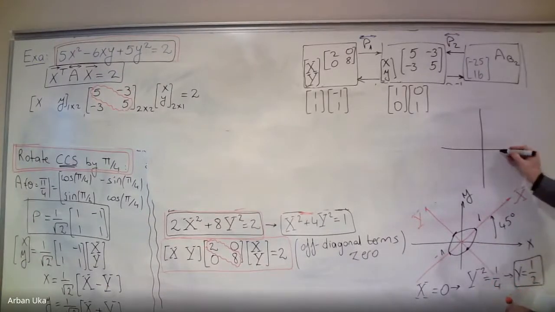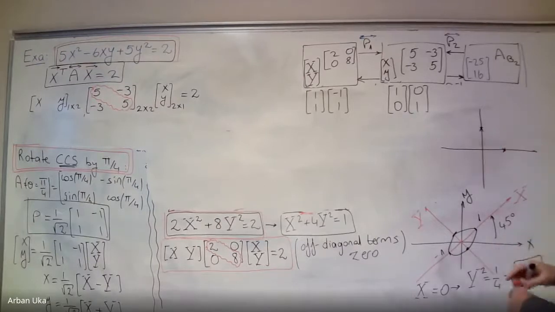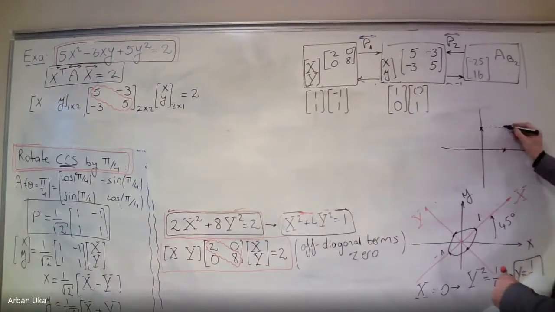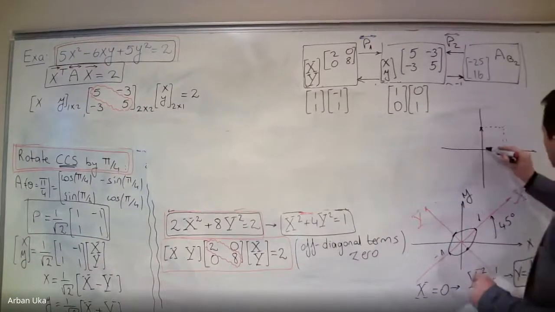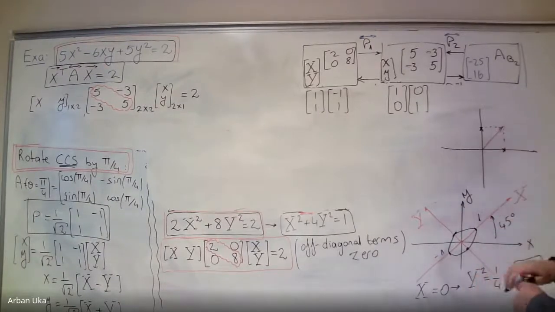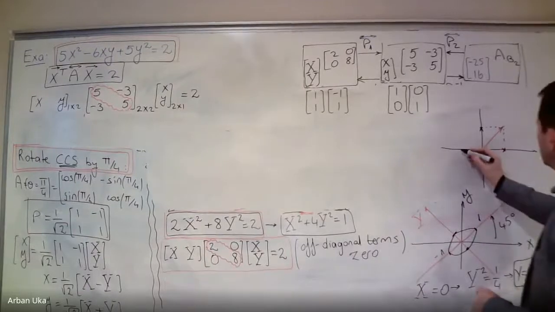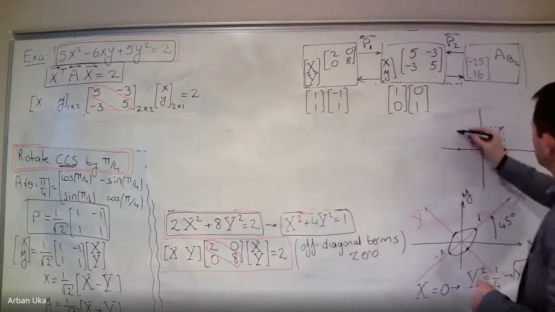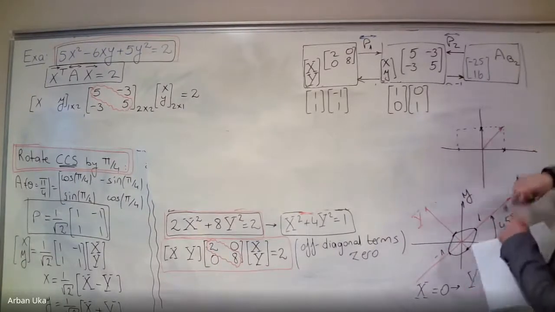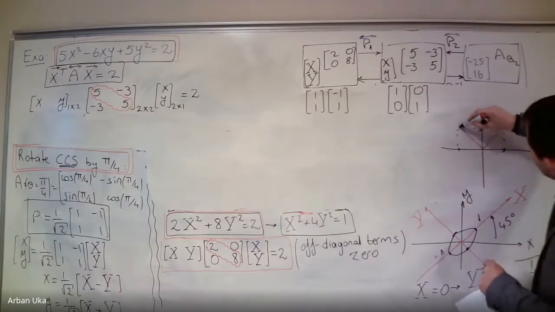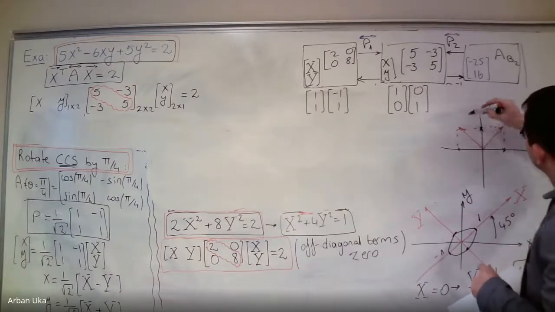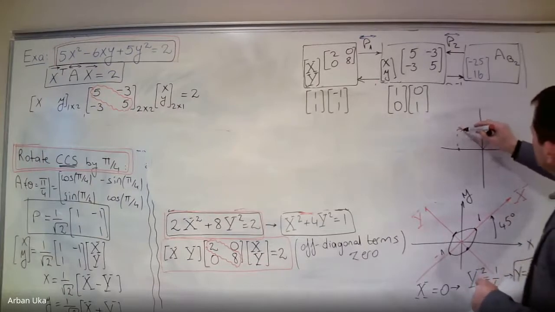The standard basis is 1 here, 1 here. The new basis, it is 1, 1, which is this vector, okay? And the other one is minus 1, 1, which is this. So the new basis, sorry for not drawing it perfectly, is this.